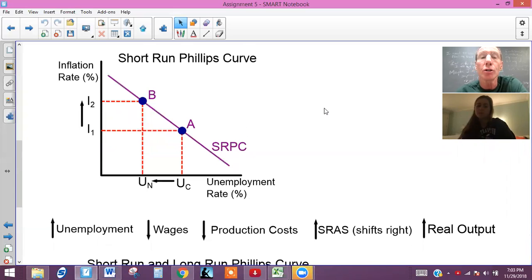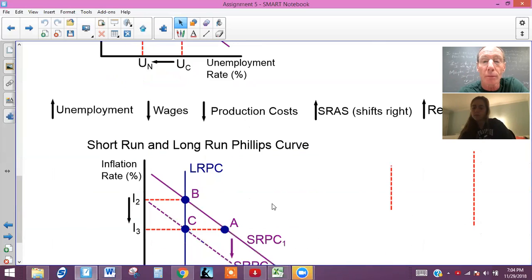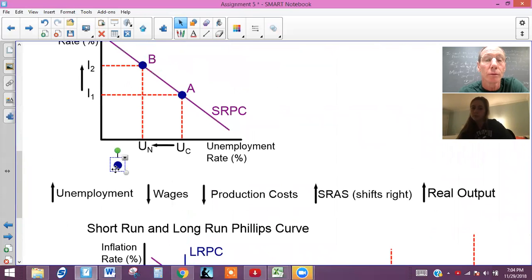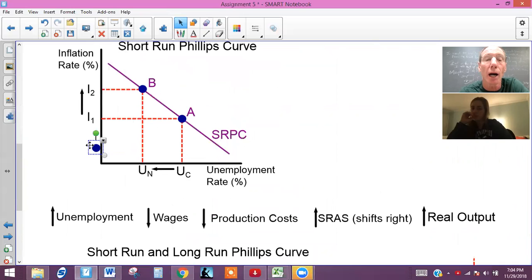Right here, okay? So, you just basically need to know that it's a curve, it's a model that has the inflation rate on the vertical axis and the unemployment rate on the horizontal axis, and it's just a negative relationship. As the unemployment rate rises, so as we move this way, we're going to have higher unemployment and lower inflation.